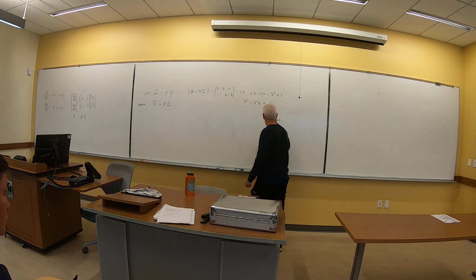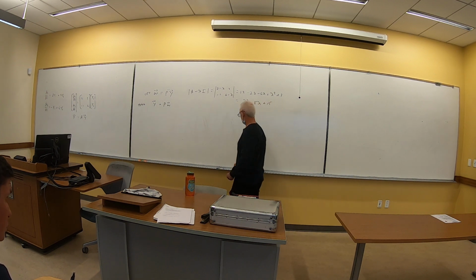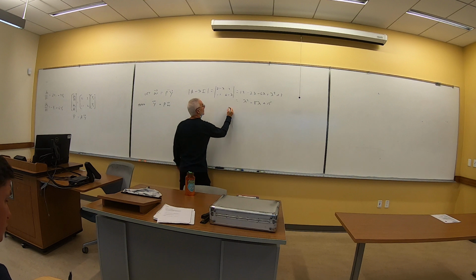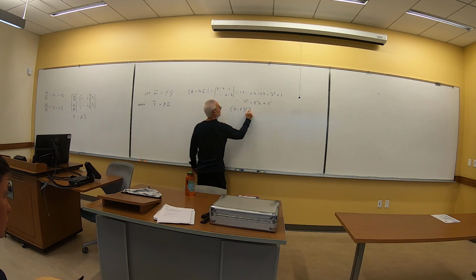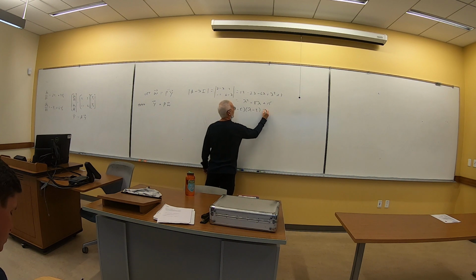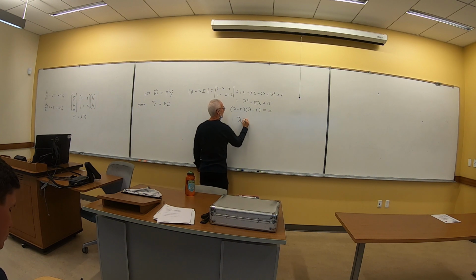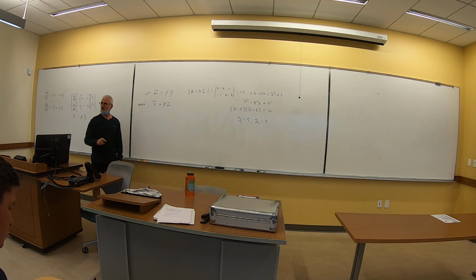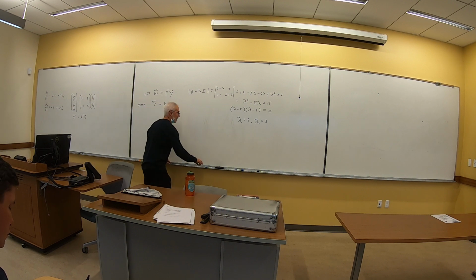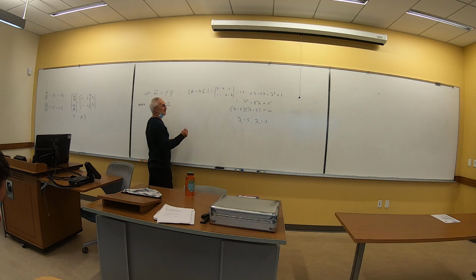That factors very nicely. So that gives me (lambda minus 5)(lambda minus 3). And when I set that equal to 0, I get lambda 1 equals 5 and lambda 2 equals 3. Okay? So far so good. Nothing difficult yet.